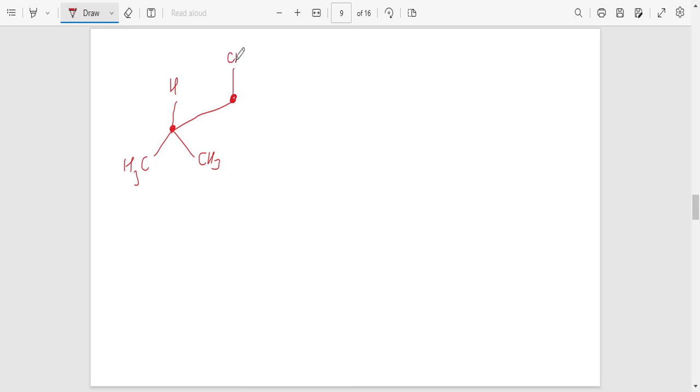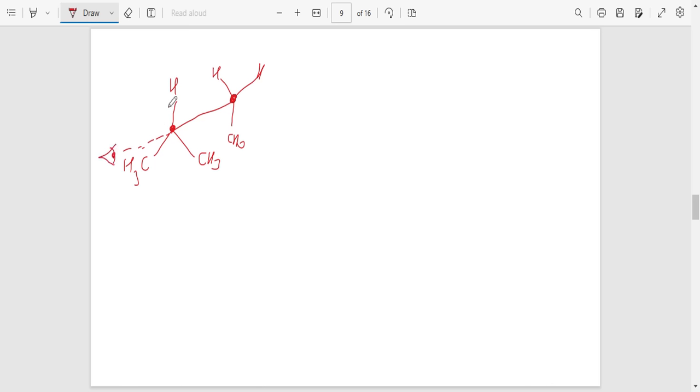To make it just more simple, let me put the methyl group down. It doesn't matter. CH3, and then the two hydrogens, let me put them like this. So meaning if I look through this direction straight, my eye is at this point.